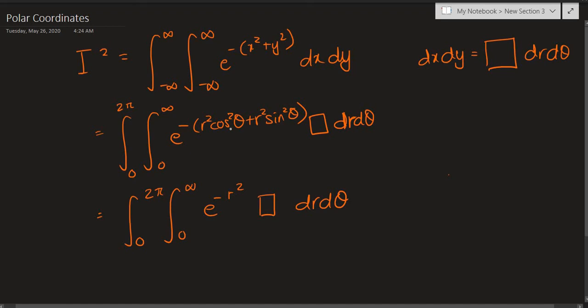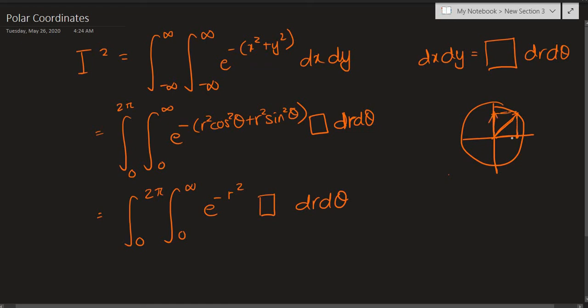We took x equals r times cosine theta, assuming that to be the horizontal component of this point, and y to be the vertical component of this point.